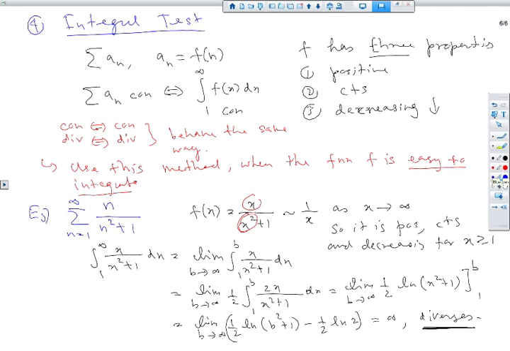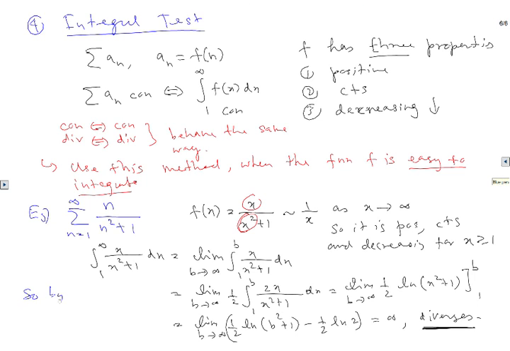So let's finish the argument. By the integral test, the series sigma, it's a good idea to write the whole thing here just to make it complete, diverges. So it's not that bad. You can integrate this, and this is a complete argument for this kind of problem.